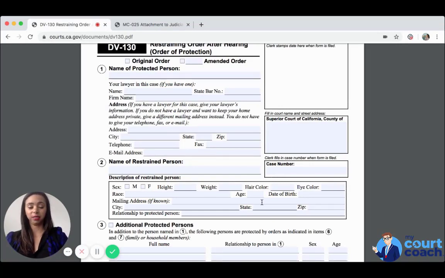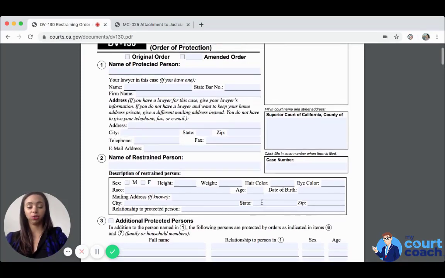That inconsistency is not appropriate, so it must mirror the information on your request for the domestic violence restraining order, including the relationship, unless the court found that there was some other sort of relationship that would warrant still a domestic violence restraining order, then that's okay too.